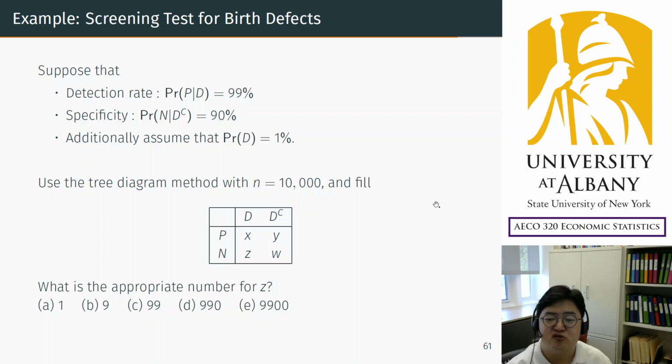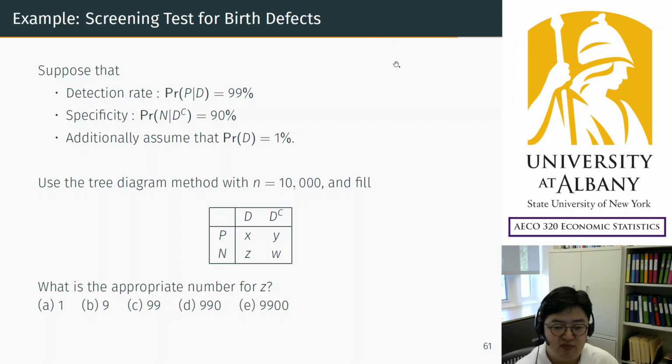Then I ask you to do it first by yourself and find out what comes here, Z. Classify 10,000 into 4 types using this information and find out what Z is. Pause the video and do it by yourself. It may take a while.